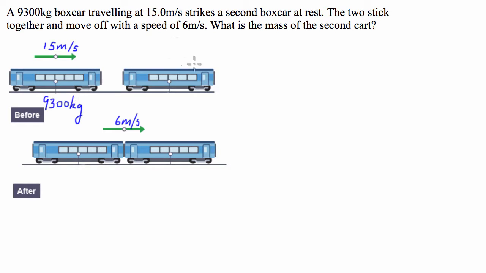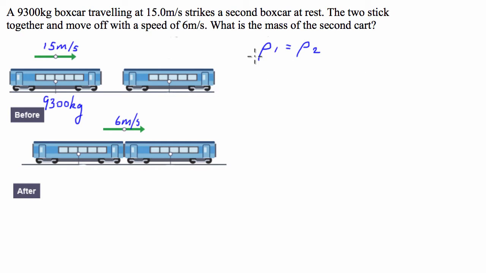So the way we're going to calculate this is we're going to use all of the theory that surrounds conservation of momentum. Conservation of momentum basically says that in a collision like this, the momentum before, let's call it P1, is going to have to equal the total momentum after, P2.